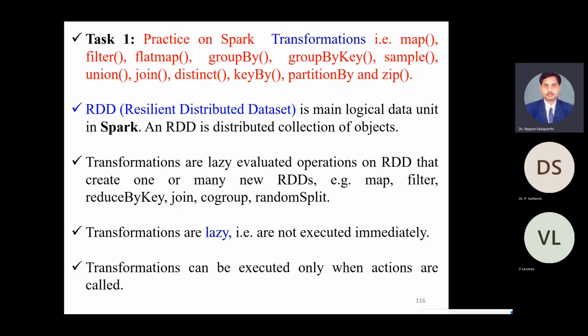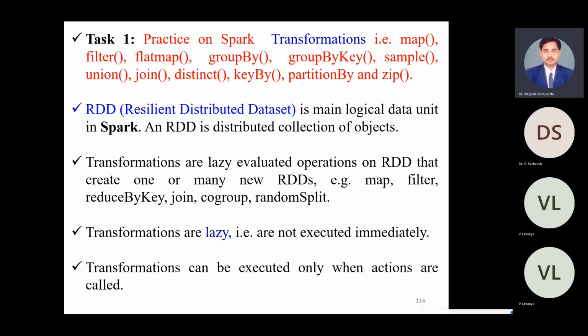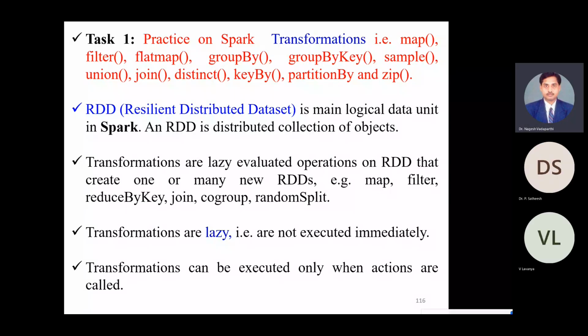Before going to transformations, see here, a resilient distributed dataset is the main logical data unit in Spark. We used to call it a data set. Don't feel like you don't know RDD. RDD is nothing but a data set, a collection of rows and columns.